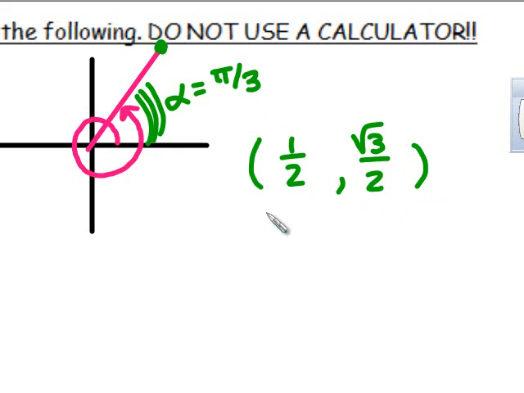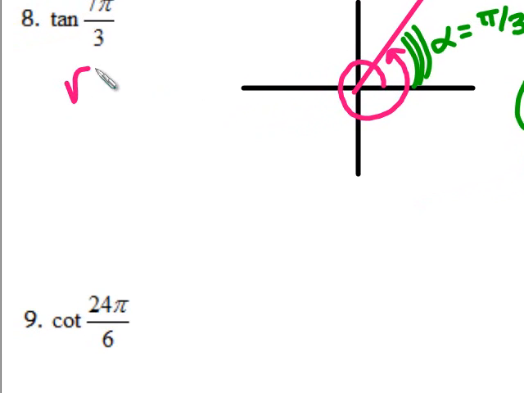And remember that that is cosine and sine. You're asked for tangent. If you've memorized your tangent values on the unit circle, then you can quickly just tell me at a reference angle of pi thirds in quadrant 1, tangent is square root of 3. And be done with it.